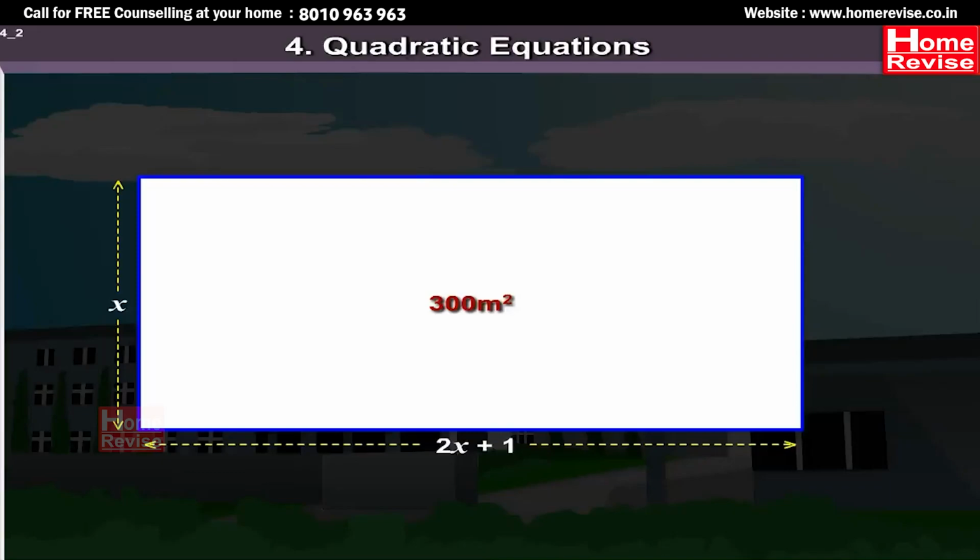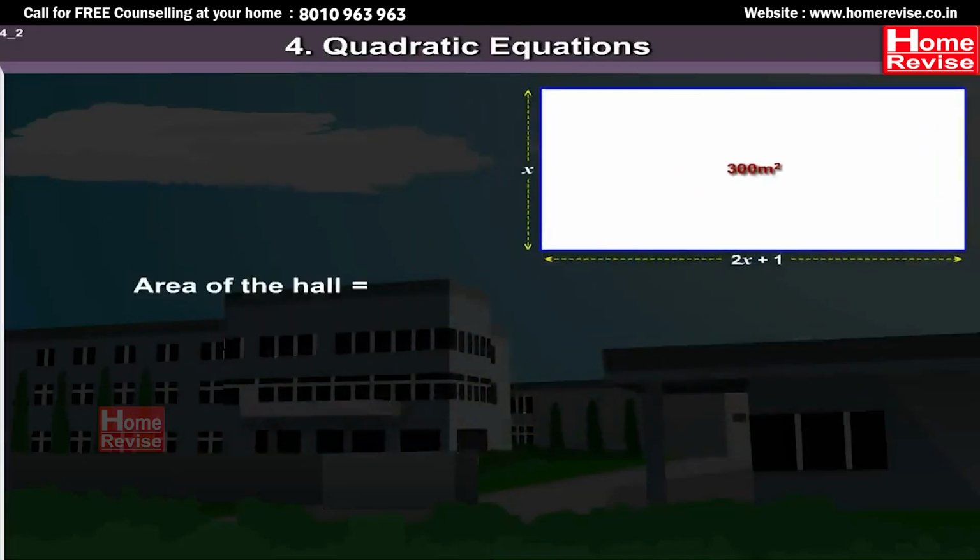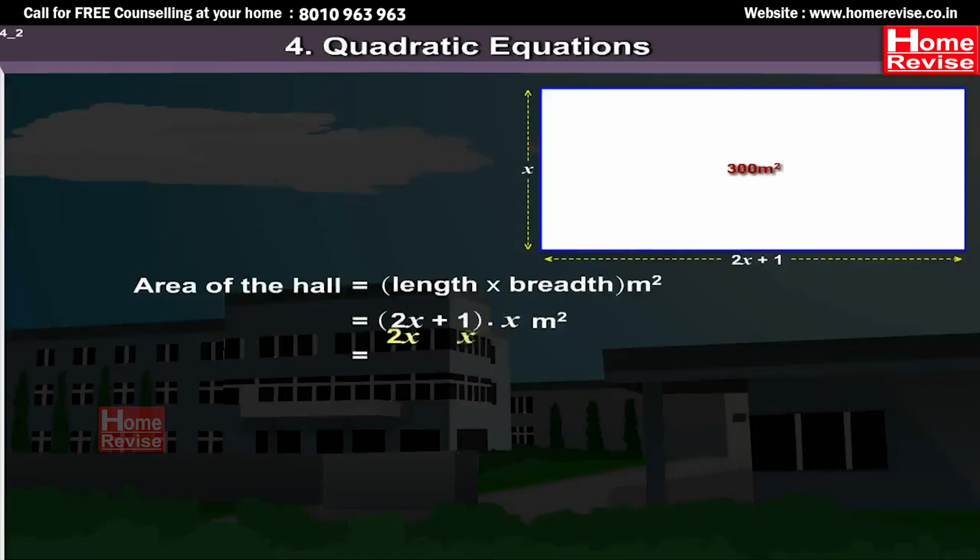Suppose the breadth of the hall is x meters, then its length should be 2x plus 1 meter. Now, area of the hall is equal to length into breadth meter square, that equals (2x plus 1) into x meter square, that equals 2x square plus x meter square.